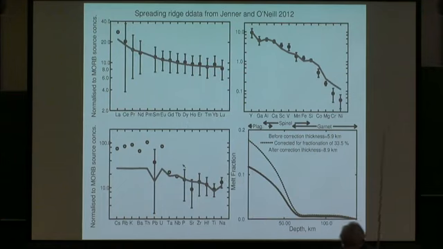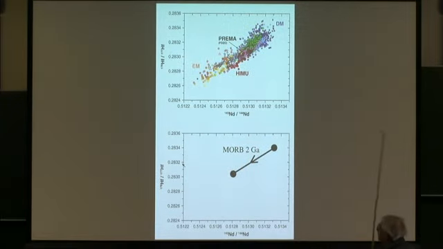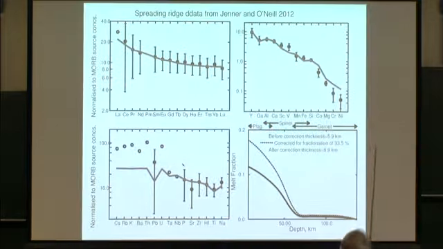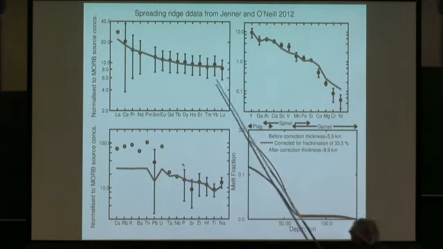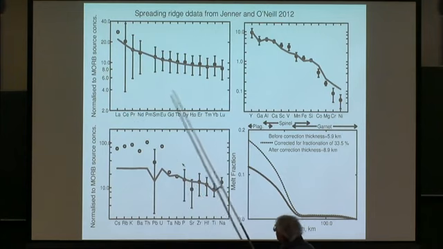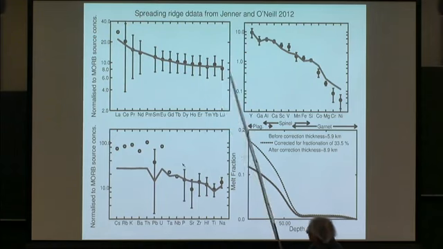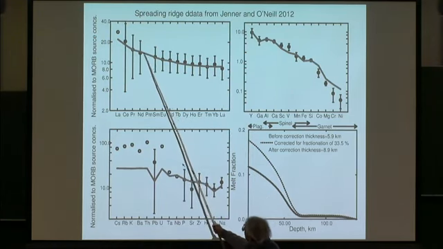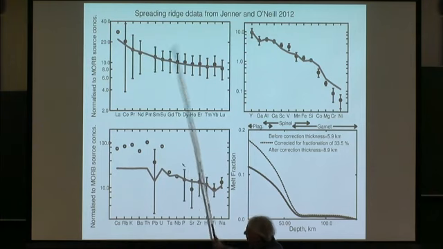Now, I got fed up with this. If you take the variation here, this is relative to what we think is the MORB source, so this is a real fractionation relative to the source, and you can see that there is a very small fractionation for the neodymium and samarium.